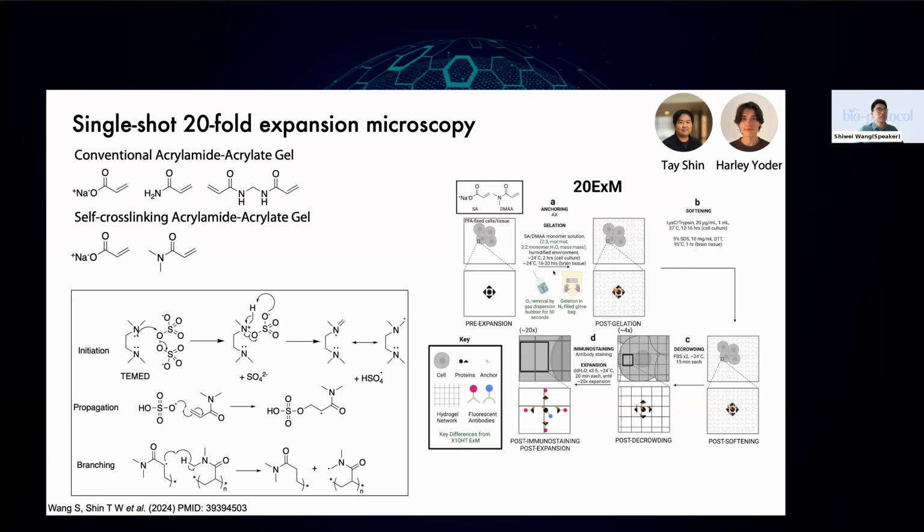So we incorporated different oxygen control methods that are new to this expansion protocol, which allows the protocol to be highly reproducible. And with this protocol, you only need to go through one round of gelation, softening of the sample, and immunostaining, and expand up to 20-fold.